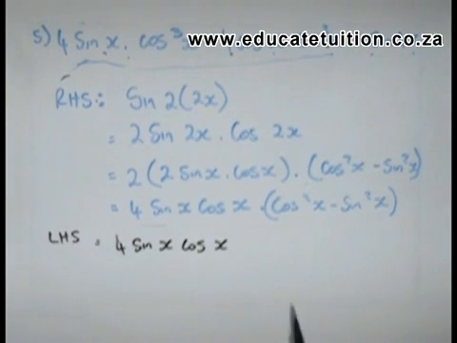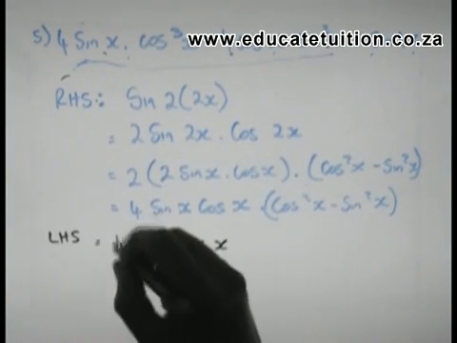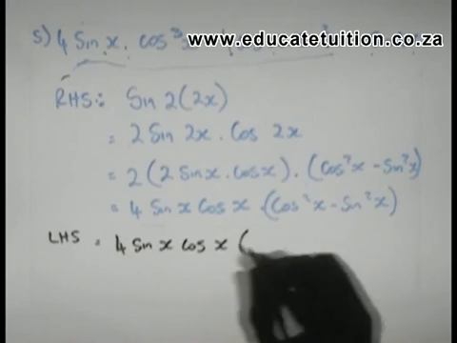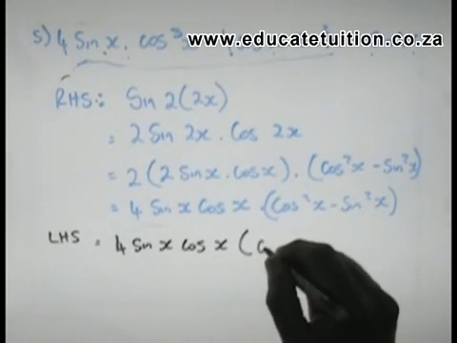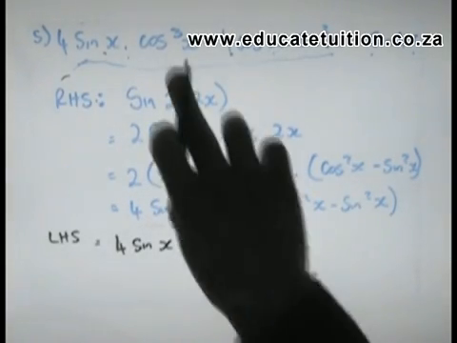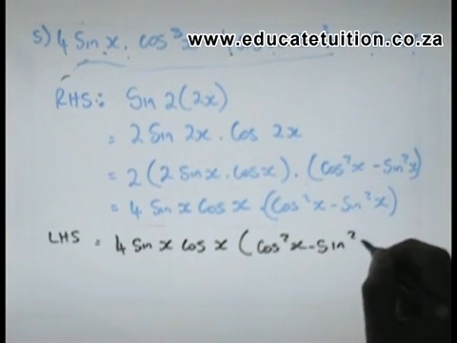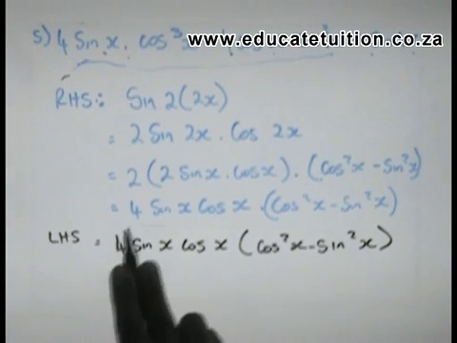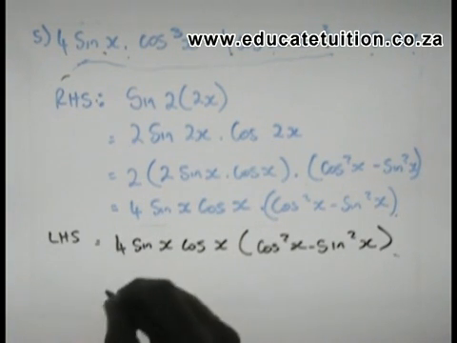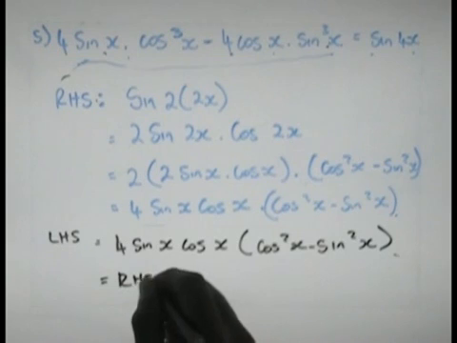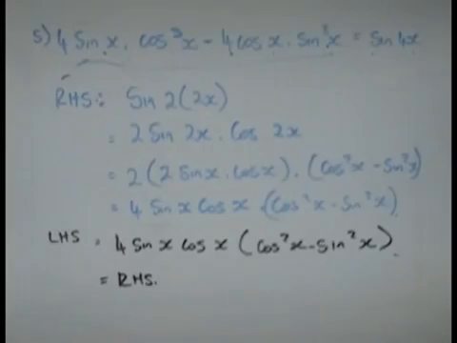Four sine x cos x can be taken out as a common factor, and that will leave me with cos squared x minus sine squared x. Isn't this equal to this? That means that left hand side is equal to right hand side.